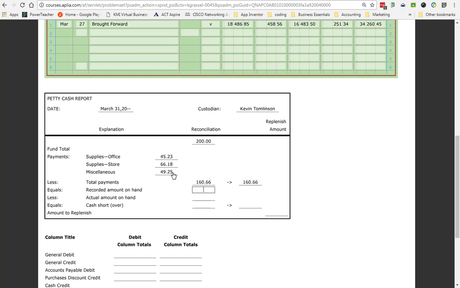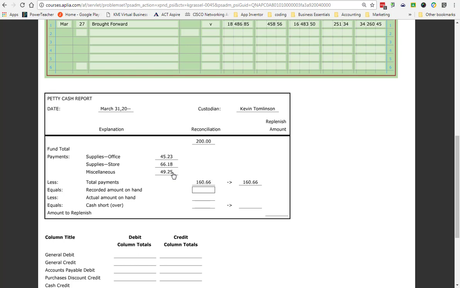Now, the recorded amount on hand. Kevin went through the box of petty cash, and he actually counted up the cash we have left over. Cody, how much cash do we have left over? Oh, you know what? Hang on. I said that wrong. Let me back up the train. Fund total less total payments equals.